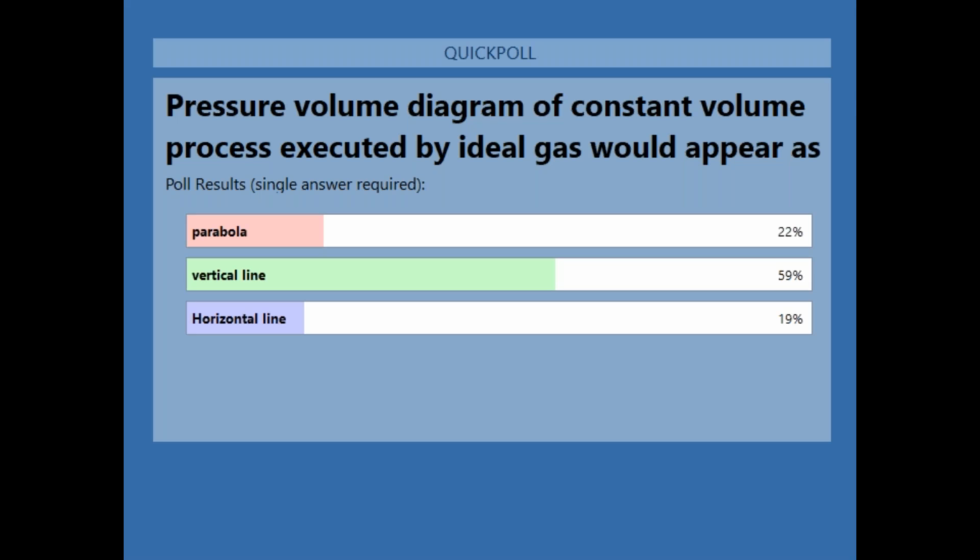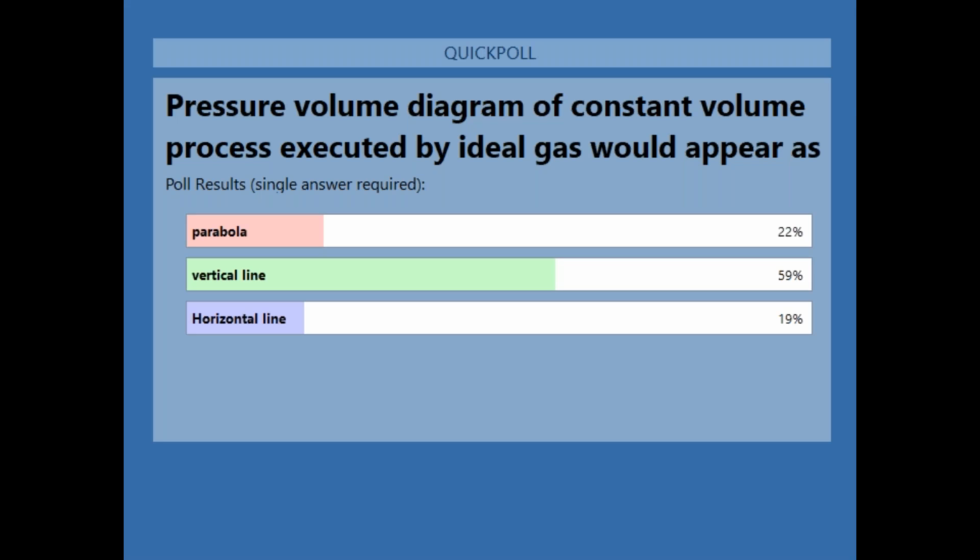If you are talking about a compression process at constant volume, then if you are increasing the pressure at constant volume, you would find that it would be a vertical line.